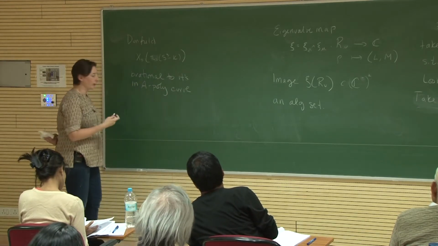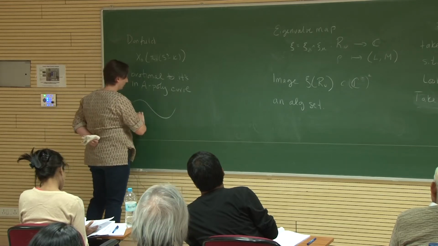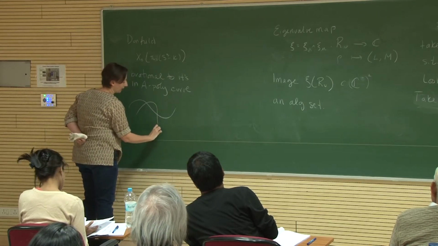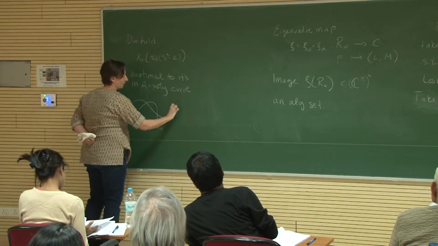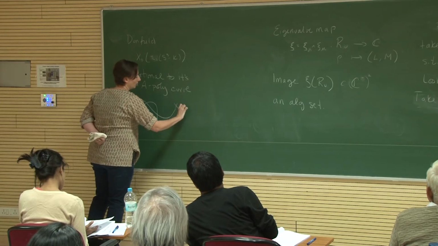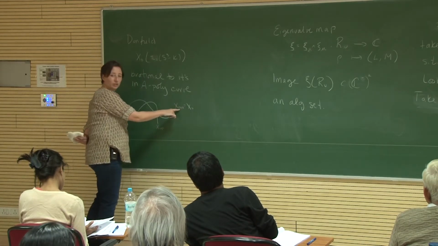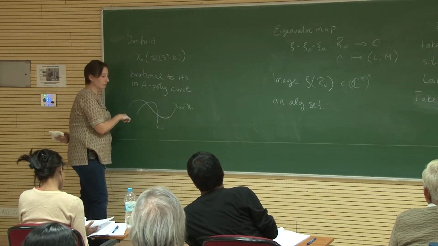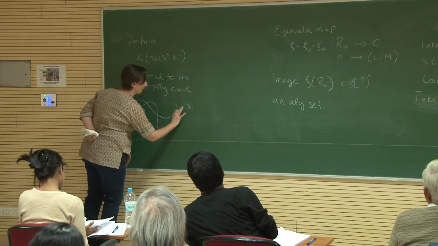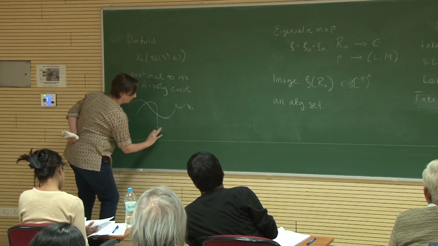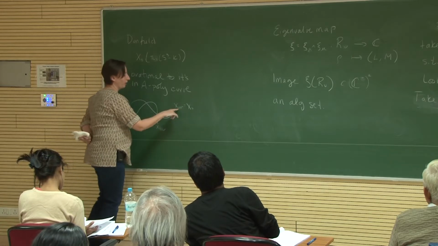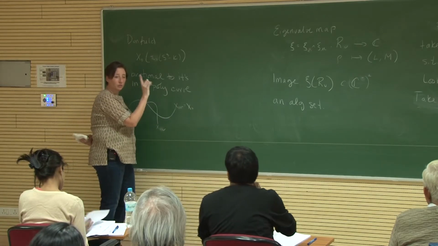Okay, so for the figure 8, if we just look at my little picture, the figure 8 had two components. All of the irreducible components, they're just one.